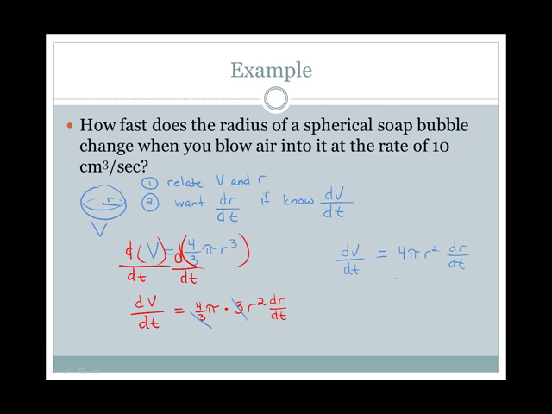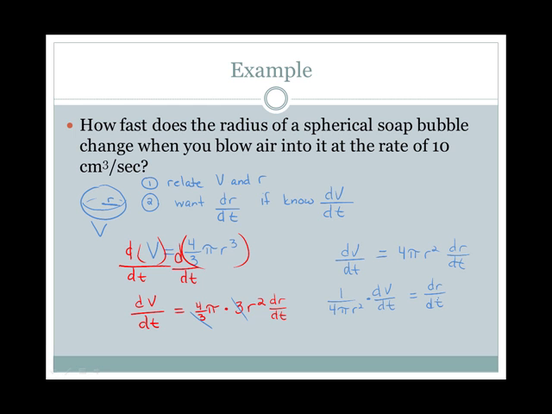You could just plug into this whatever you know, or we can get dr/dt by itself. So divide both sides by 4 pi r squared, so I'm going to do 1 over 4 pi r squared times the change in volume is going to give us our change in the radius.